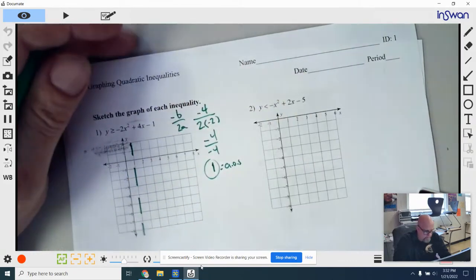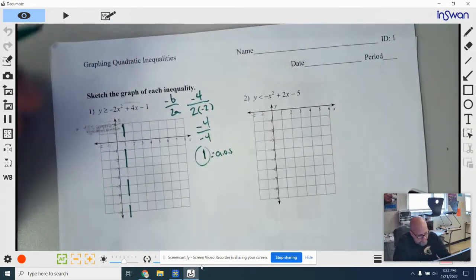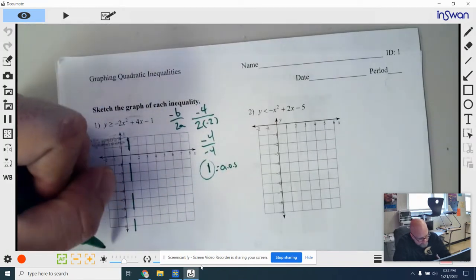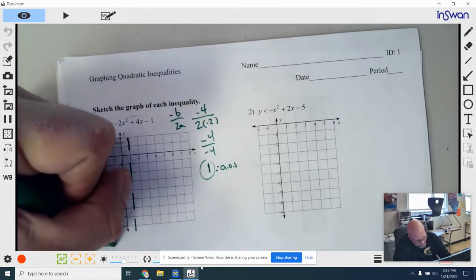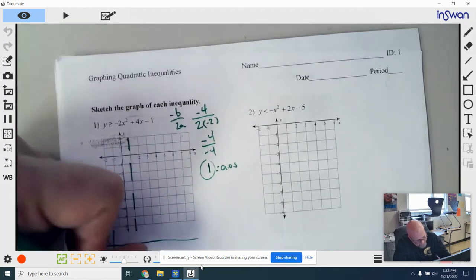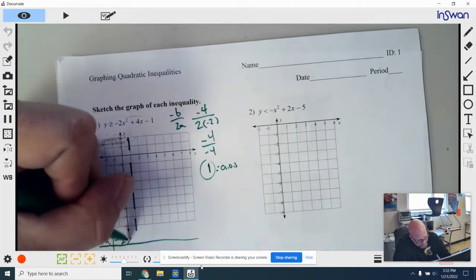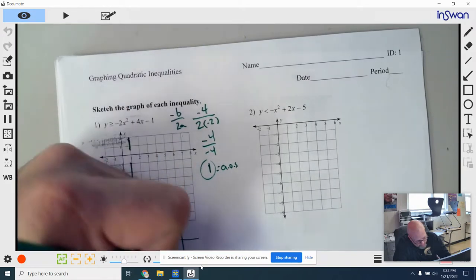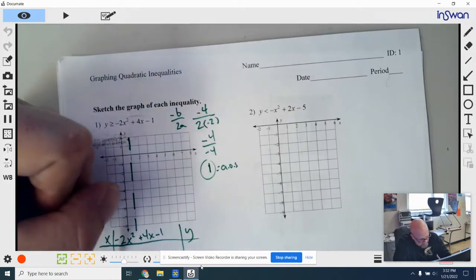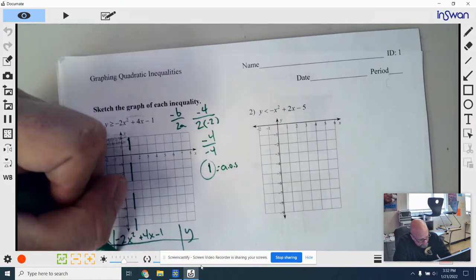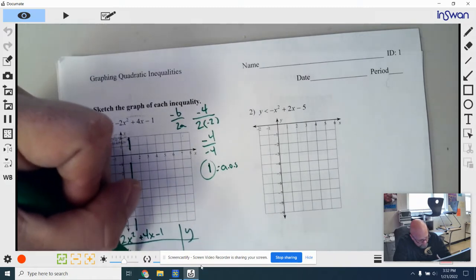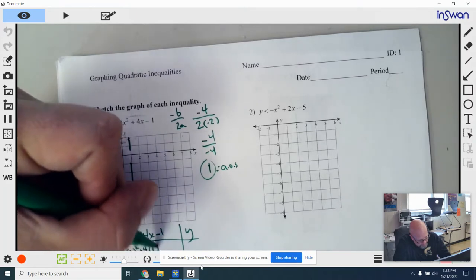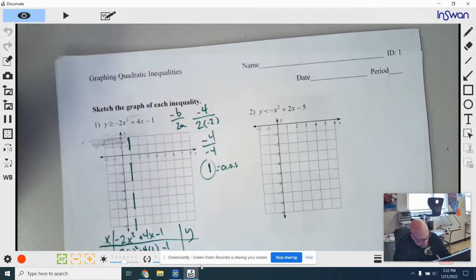All right. Now I need to pick some values to plug in. Well, I already have this 1 here, so I make my XY table. Negative 2x squared plus 4x minus 1, and then here's my y. So if I plug in 1, let's see what happens. Negative 2 times 1 squared plus 4 times 1 minus 1.